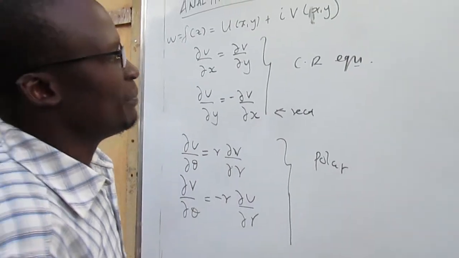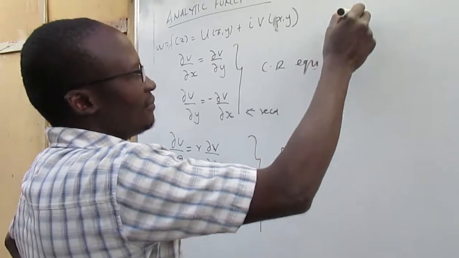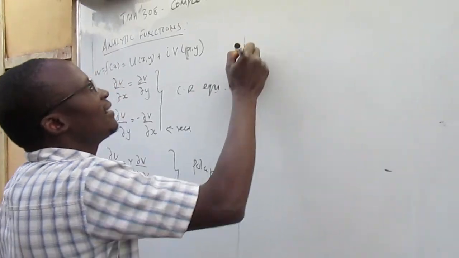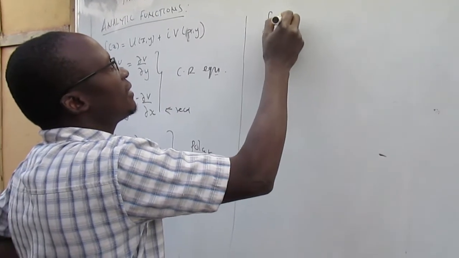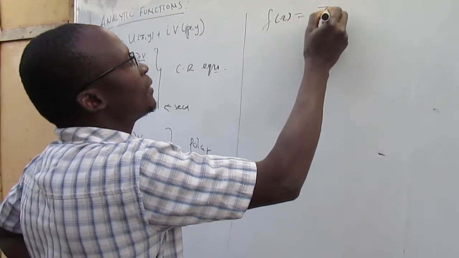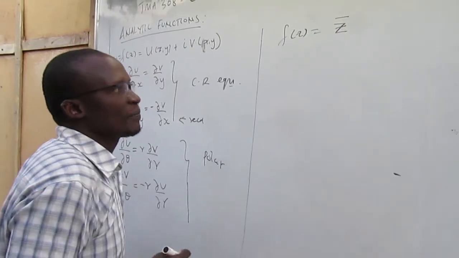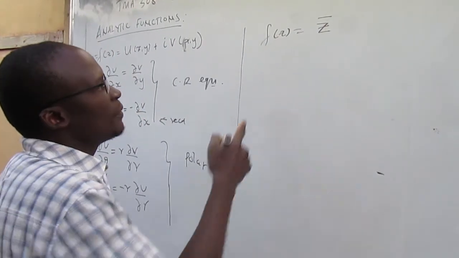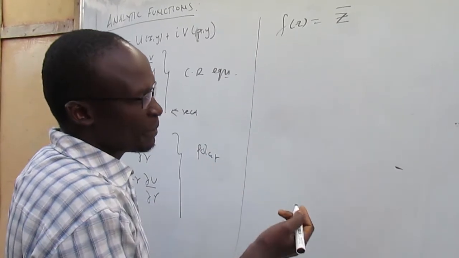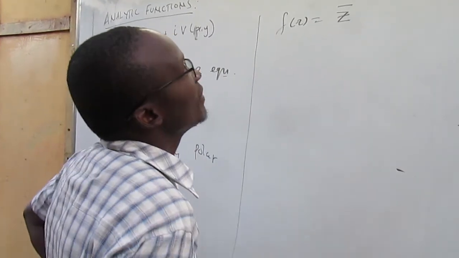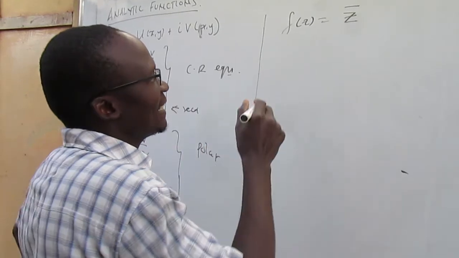So now, as an example, let us see what happens for the function f of z equals the conjugate of z. And so we want to check whether this function is analytic, and if it is analytic, perhaps try to figure out the region in which it is analytic.